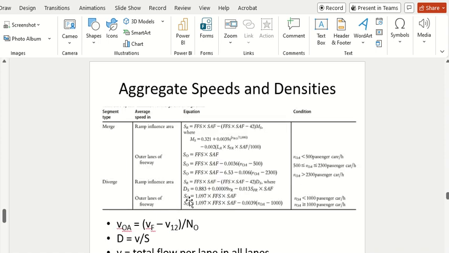Moving on, I can calculate the speed in the ramp area and the speed in the outer lane. If I want speed in the ramp area, I need the value of DS.